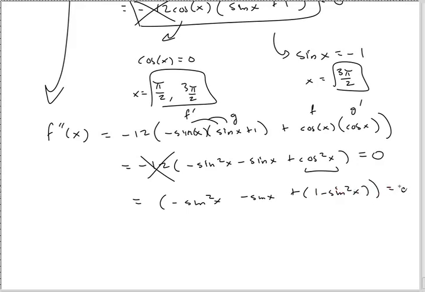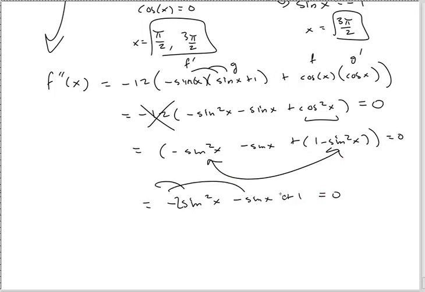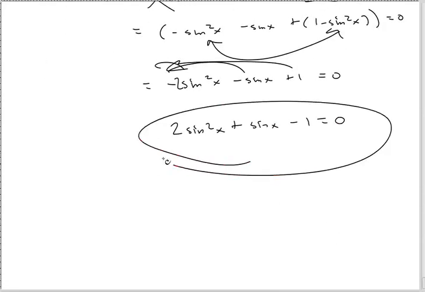Now, whenever I distribute my plus sign and combine these together, they're all negatives. So that's 2 sine squared x minus sine x, and then plus 1 equals 0. Just pull a negative sign out and move it to the other side. It's going to go away. I'm trying to make this as clean as possible for whenever I do quadratic formula.